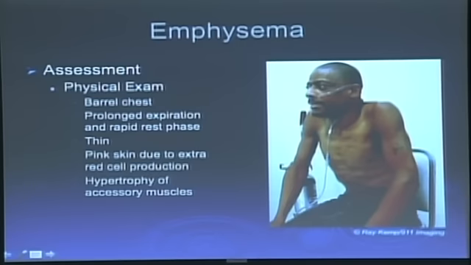So if you watch a COPDer who's having some respiratory distress, long exhalation and a very short time before they have to inhale. So they lose the rest. That's one of the reasons they tire out. The respiratory rate's up, but it's a short rest period.